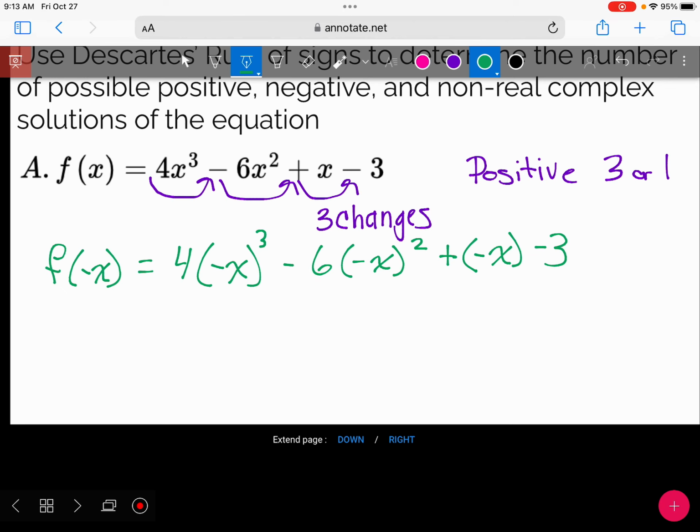Four times the opposite of x cubed. How can we simplify this piece? Negative 4x cubed. How about minus 6 times negative x squared? I'm going to have minus 6x squared.